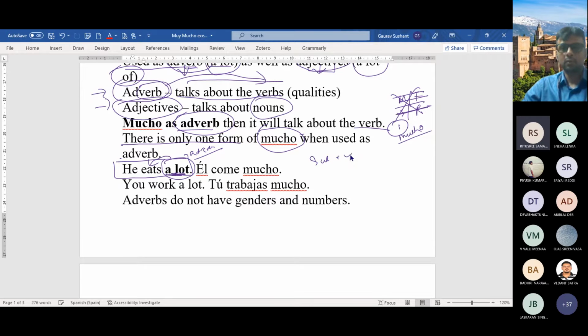Subject, verb, and then you mention the adverb after that. So he eats will be él come, and then you put mucho. In the second example, the same thing is happening. You work a lot. Again this a lot is referring to the activity or the verb which is work. So here also we will use mucho, and it will be tú trabajas mucho.